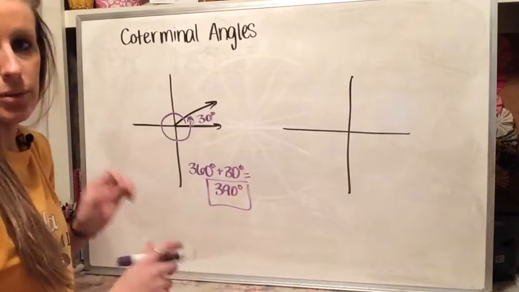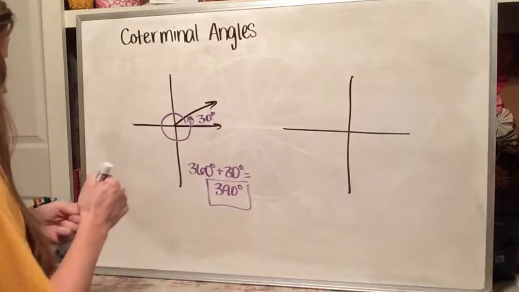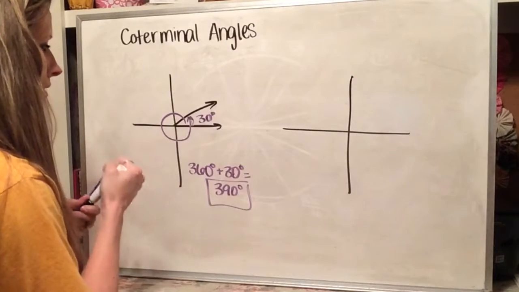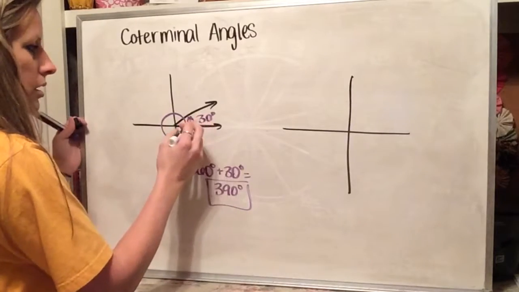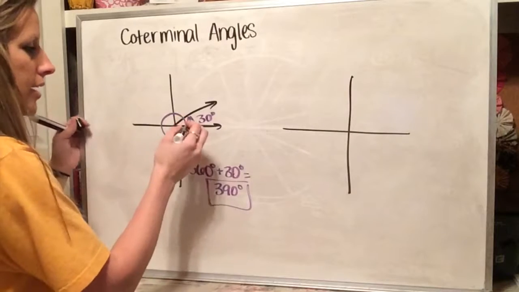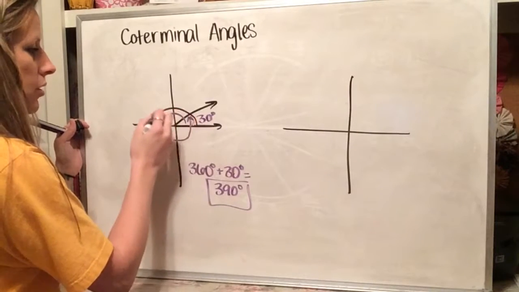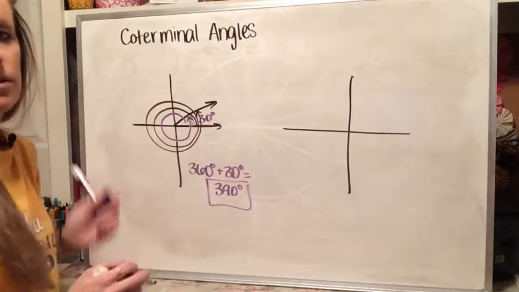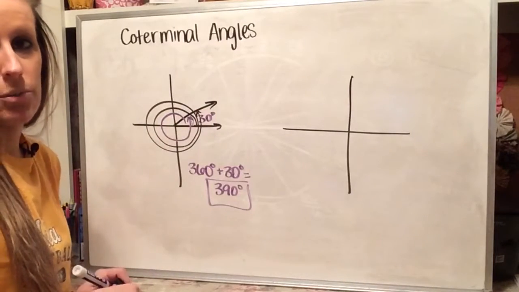That would be just one of them. Another one would be, you still have to start out with the same initial side, right? So I'm going to start out here. I'm going to go around once, go around twice, and then 30 degrees to have the same terminal side.